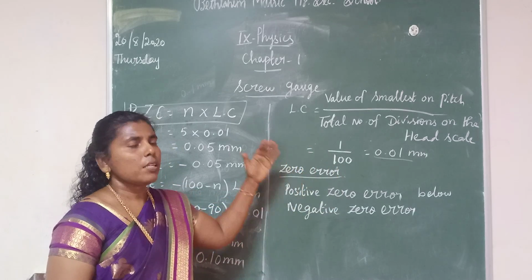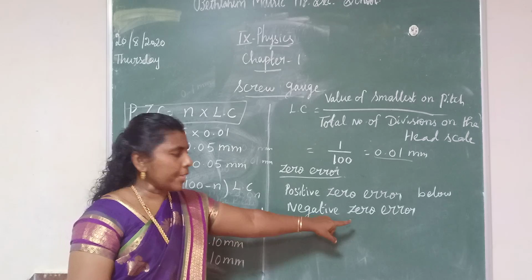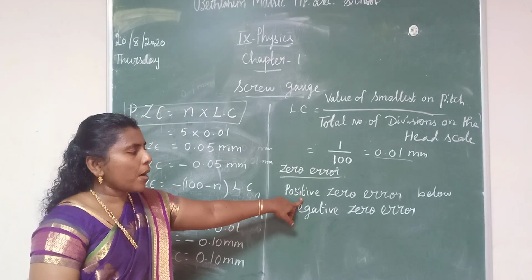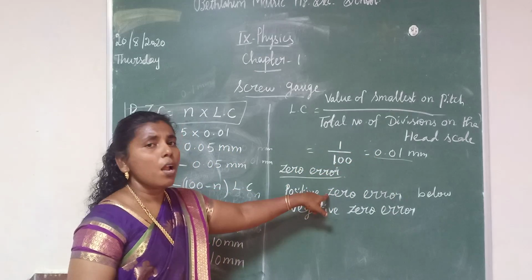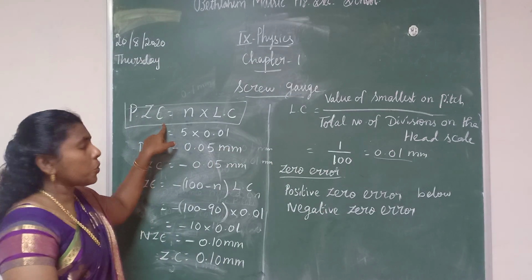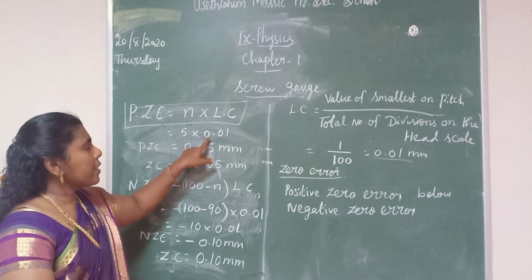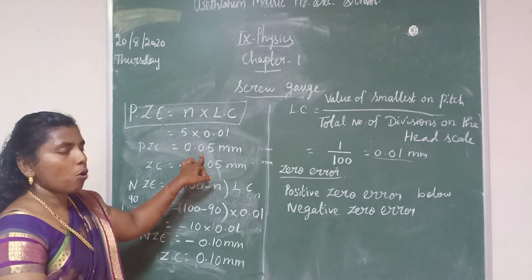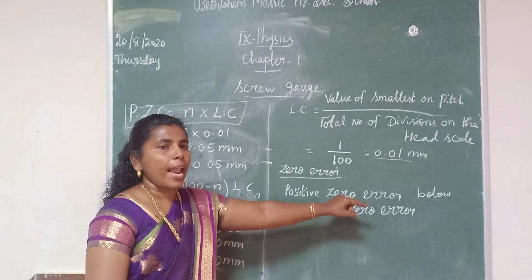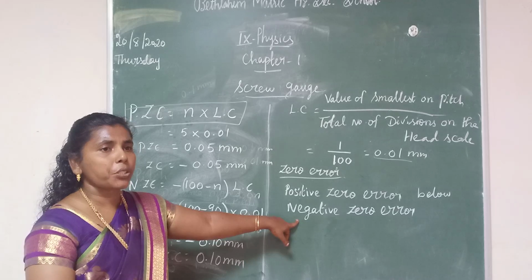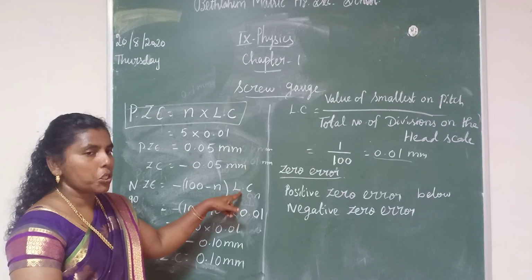Positive zero error: the 0 of the head scale lies below the pitch scale axis, the formula is N into LC, so here 5 into 0.01 gives 0.05 millimeter. Negative zero error: the 0 of the head scale lies above the pitch scale axis, and the formula is minus of (100 minus N) into LC.